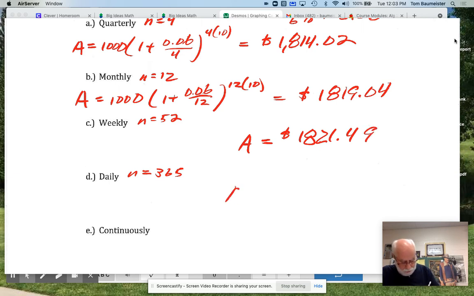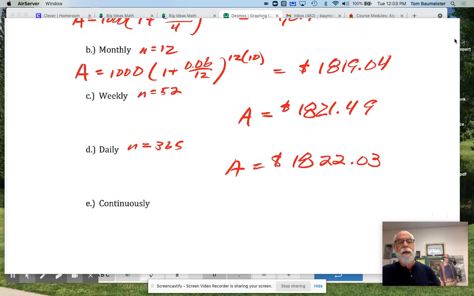If I do it daily, I would get $1,822.03. So as you notice, it's rising just a little bit more.